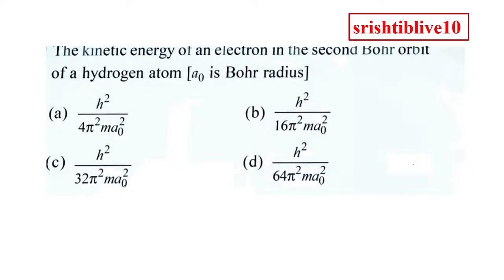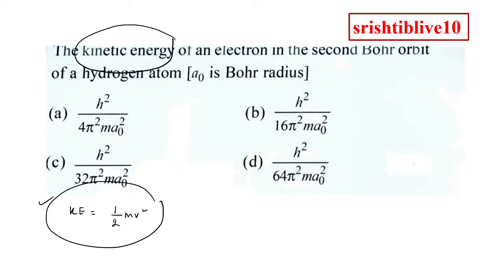See, pay attention now. We have to find out kinetic energy, and the kinetic energy formula is half mv square. Just let me know step by step if the step is clear. We know the angular momentum of an electron: mvr is equal to nh by 2 pi.